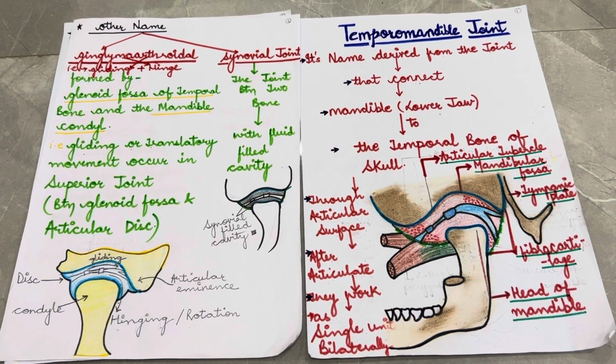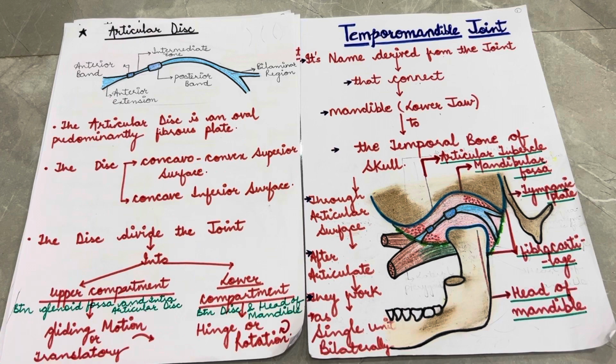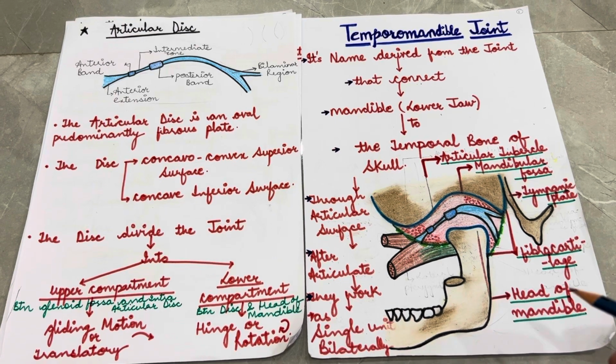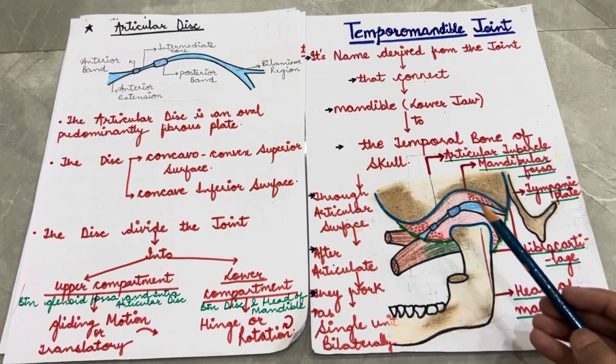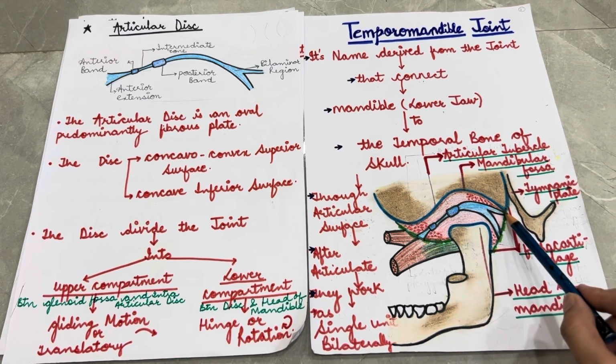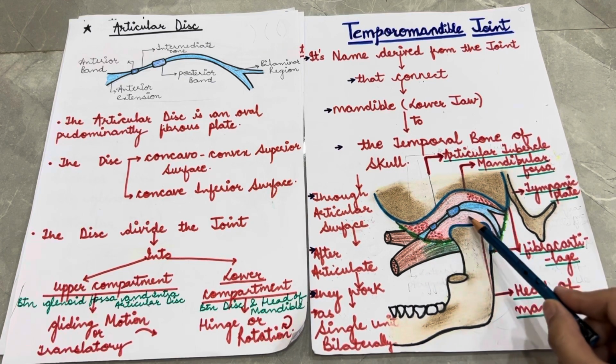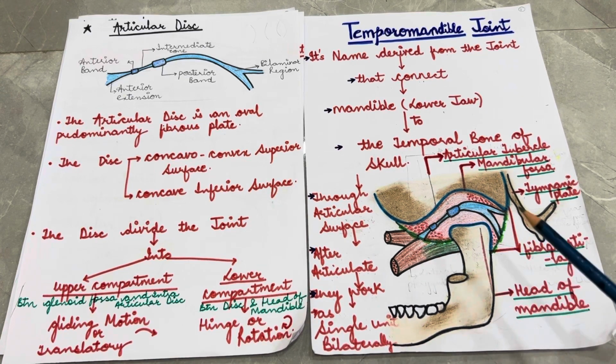The next topic is really important, which is known as the articular disc. The articular disc is an oval, predominantly fibrous plate. As you can see, this is a fibrous plate. The disc has a concavo-convex superior surface and a concave inferior surface.